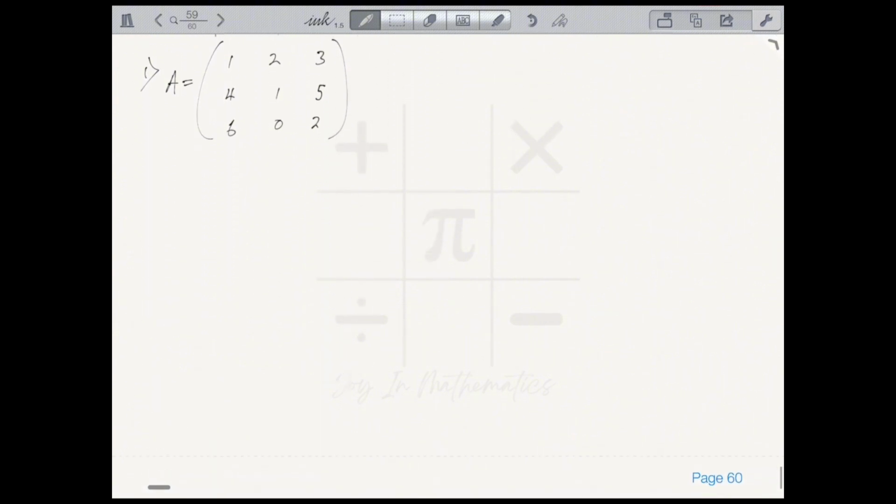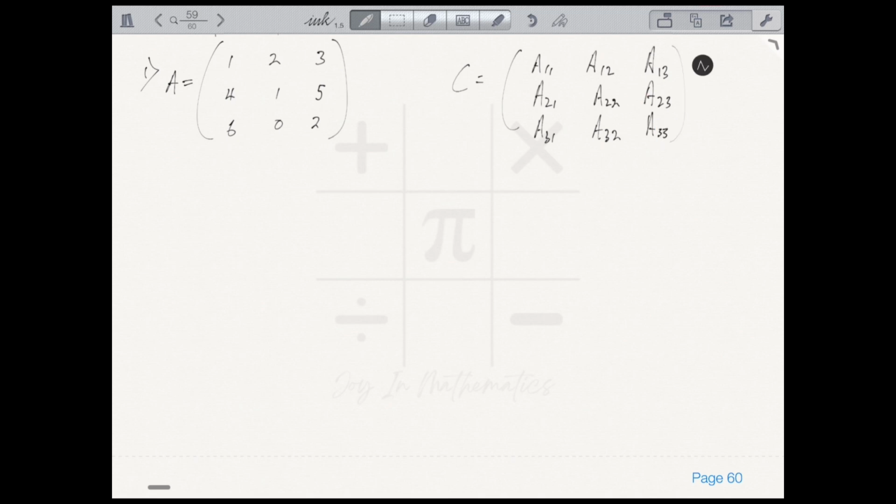Now with this example, we want to evaluate the cofactor. Obviously we know that C is equal to A11, A12, A13, down to A31, A32, and A33.